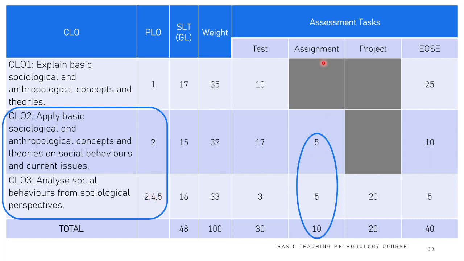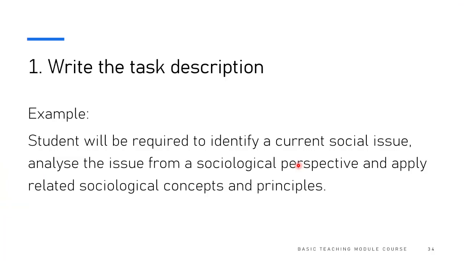So when looking at all these elements in the CAP, you need to consider this when developing the assessment task. For example, based on that CAP, I write the task description. Students will be required to identify a current social issue.